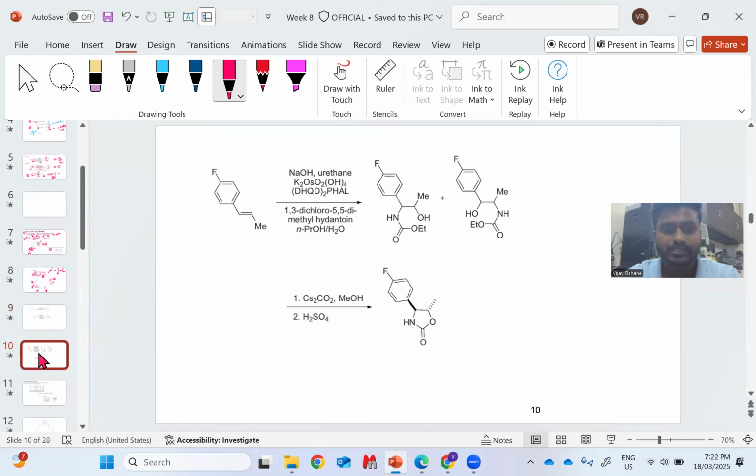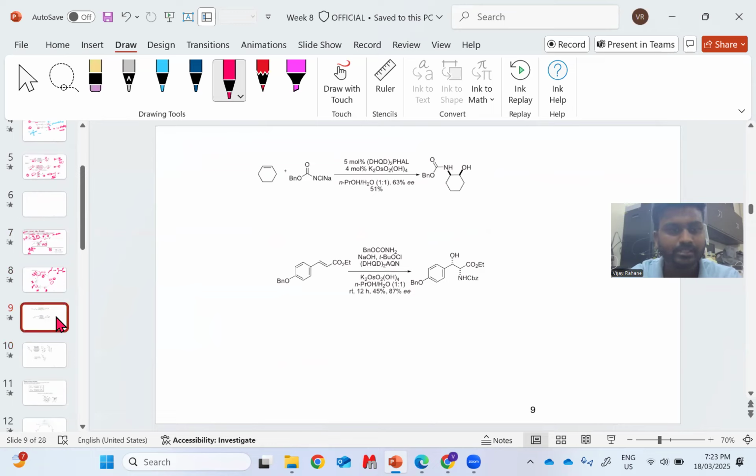First is the dihydroxylation, and this is the amino hydroxylation. We can see some examples. Let's take the simple examples. We have the nitrogen source here, which is a simple carbamate type of structure, and it reacts with the olefin. The ligand used in this case is DHQD twice PAL. Further, there is the osmium catalyst, and the reaction solvent is isopropanol and water in a 1:1 ratio.